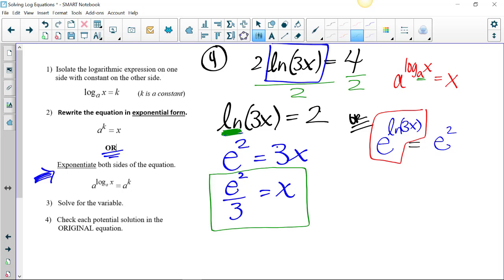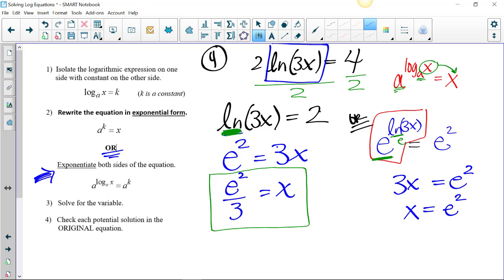Okay, so notice this logarithm and this exponential have the same base. So one undoes the other and you go right back to where you started. Okay, so I have to recognize that natural log is base e. This is base e. So e to the natural log of 3x is going to be 3x. And you get to the same place.